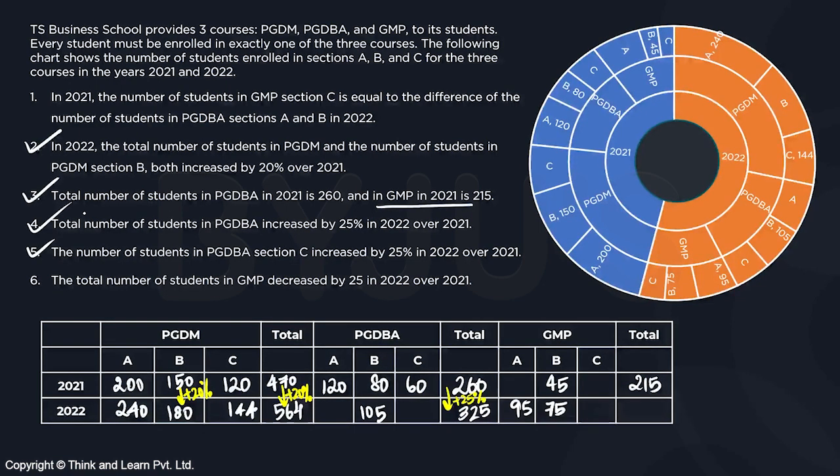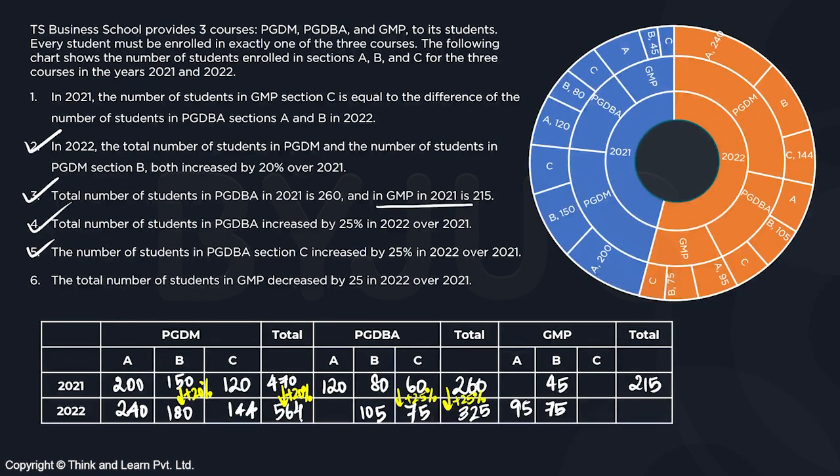Okay, done with the fourth. Let's look at the fifth statement. The number of students in PGDBA section C increased by 25% in 2022 over 2021. So a 25% increase of 60, that is 1/4 of 60 increase. This will result in 75. So this increases by 25%.